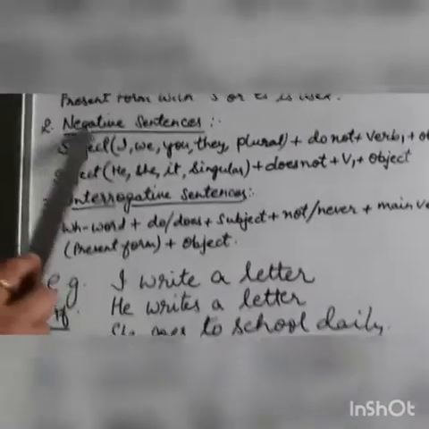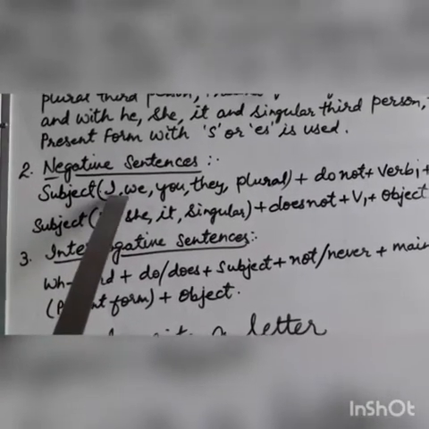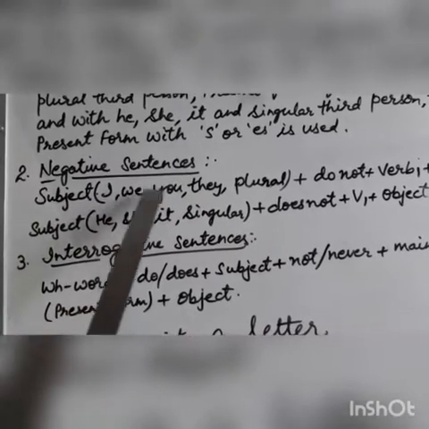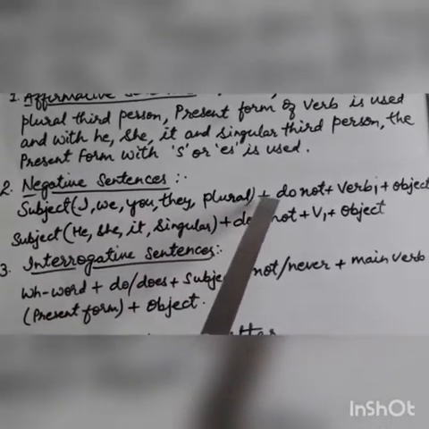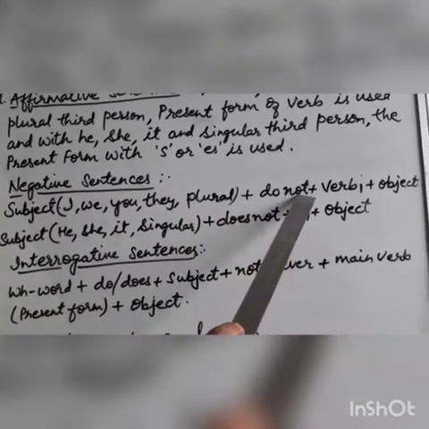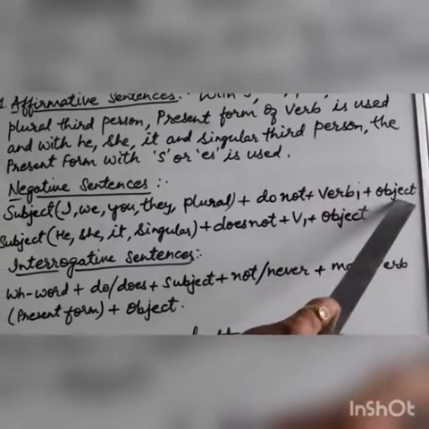Now look at negative sentences. The formula is subject, for example I, we, you, they and plural, plus do not plus first form of the verb and object.